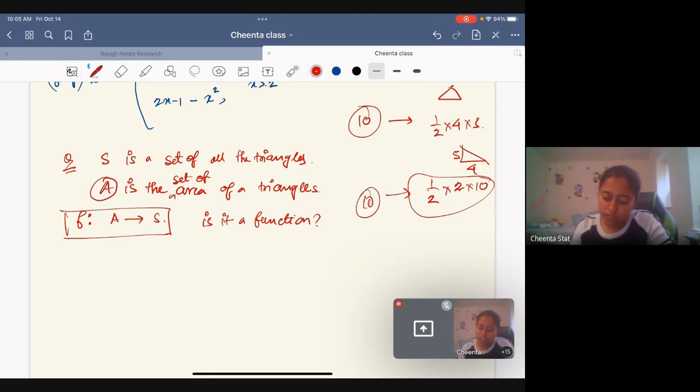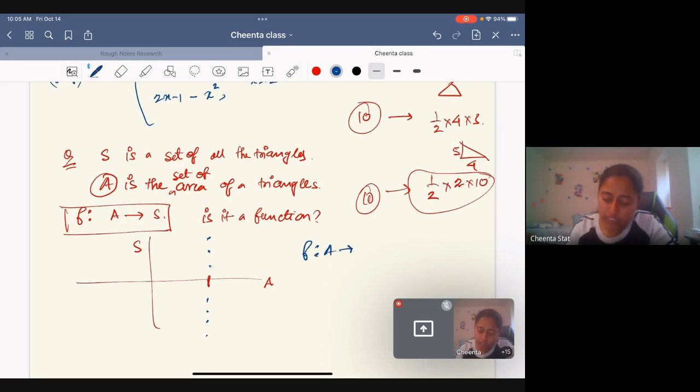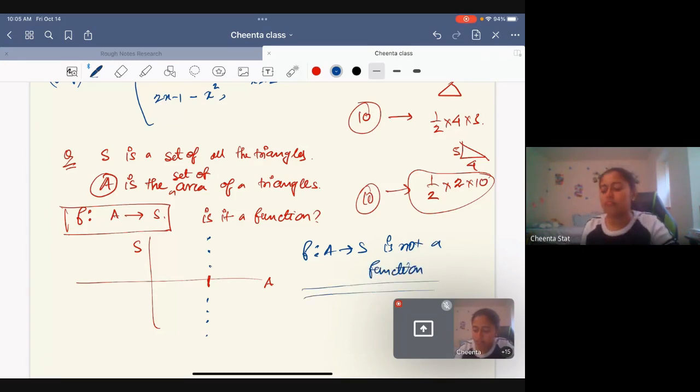So this is the case where, going from A to S, for the same A you are finding multiple S. So A to S is not a function. Did you understand, Chandranath?